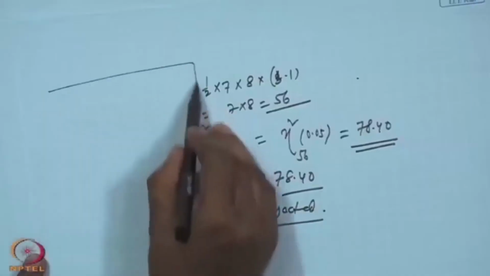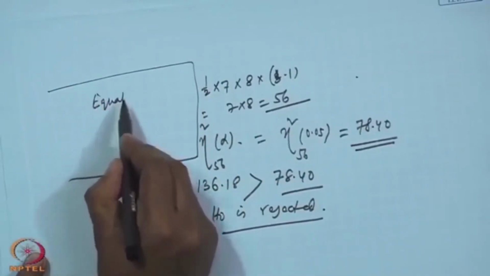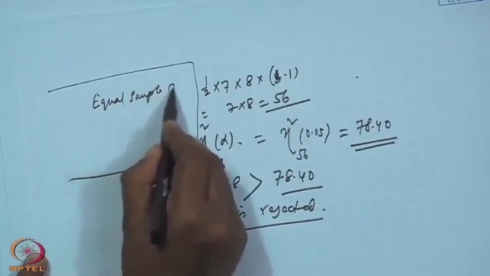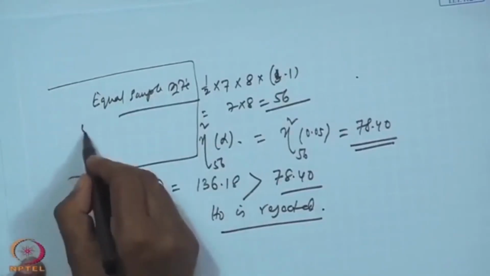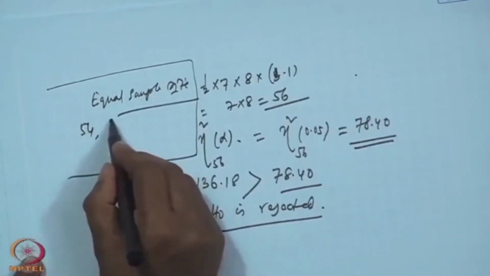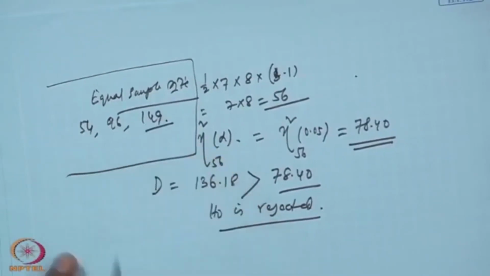Getting me? Also, the suggestion given is that it is always better to go for equal sample size. How do you go for equal sample size? Here I have 54 observations from officers, 96 from maintenance workers, and 149 from this.